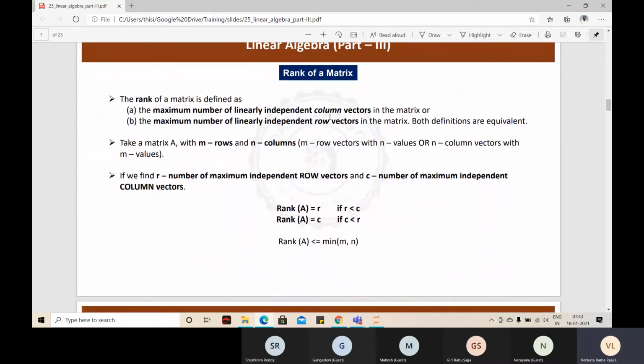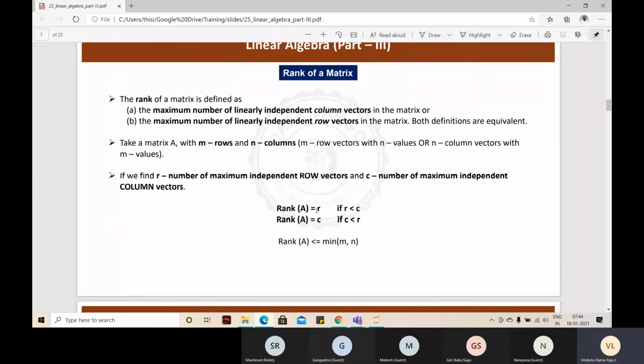and then we tried to understand the rank of a matrix. The maximum number of linearly independent column vectors in a matrix, and the maximum number of linearly independent row vectors. Whichever is lower is called the rank of a matrix. So if you see this, R is the maximum independent rows and C is the maximum independent columns.